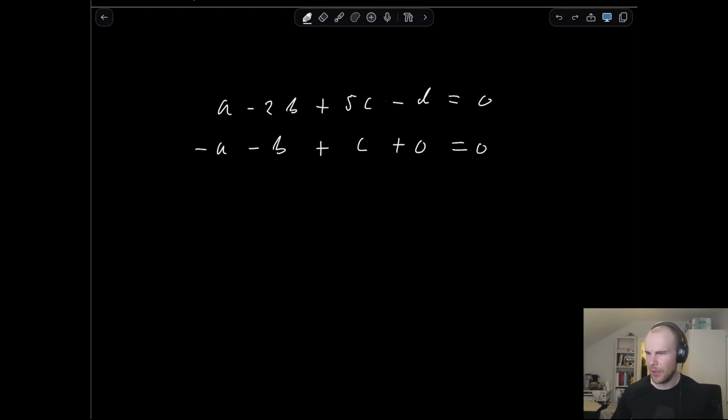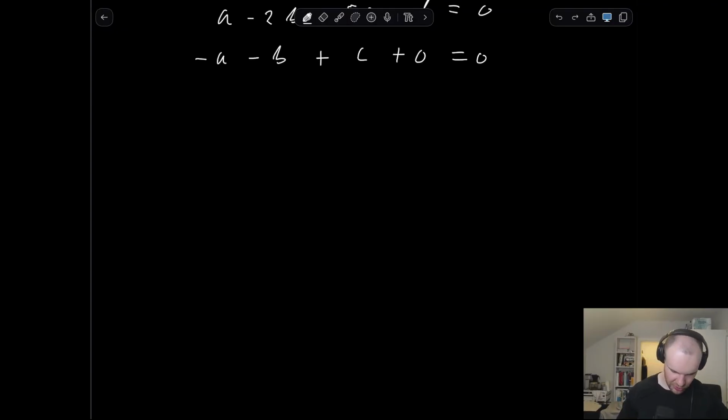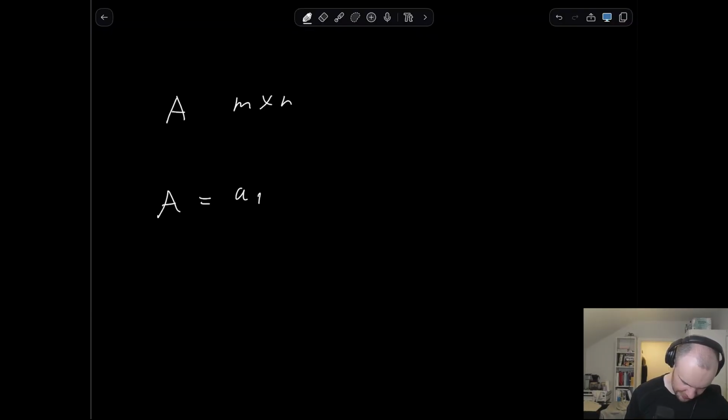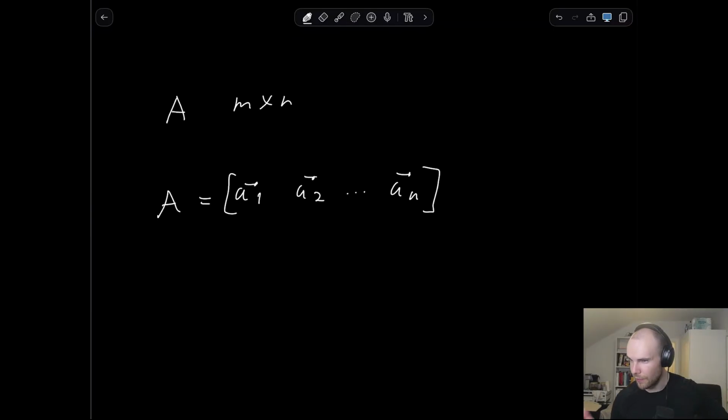Now let's see the column space of a matrix. Also something very important. We know that we can write a matrix as an m by n matrix, right? And it has n columns, which means that we can write it instead as a1 vector, a2 vector, and so on up to an. So there are n column vectors.